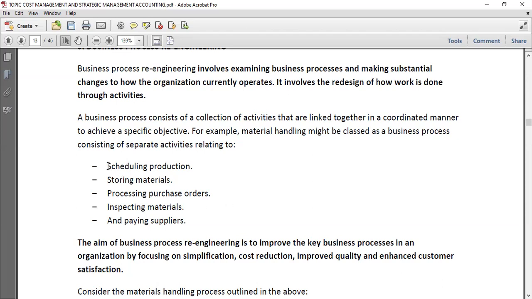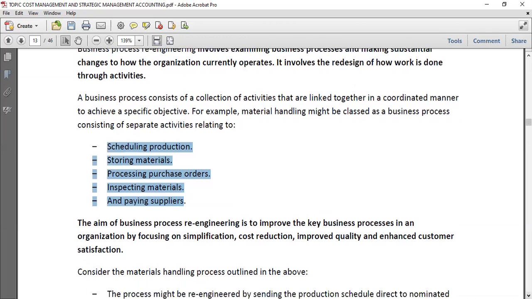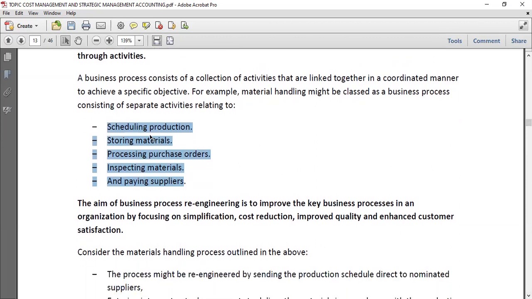So we may do a process engineering that may eliminate some of these things. For example, it may eliminate the aspect of storing materials, where we are applying a JIT, where materials only come in when they are needed for production. So we don't need to have an aspect of storing them, okay?